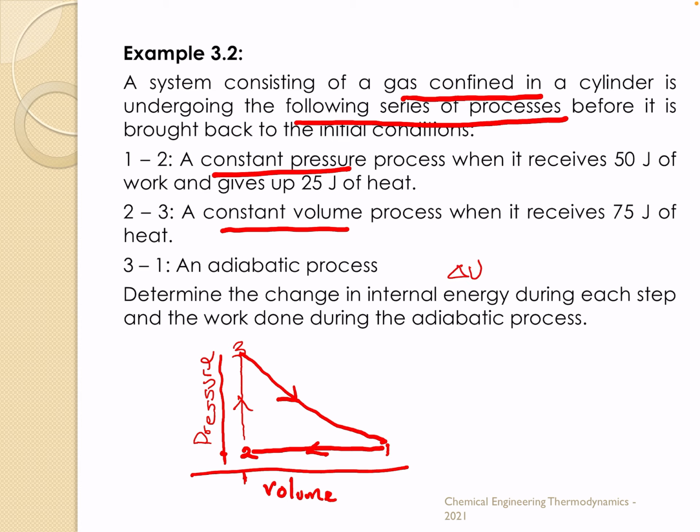Let's call this change in U1, for the second step change in U2, and for the third step change in U3. We're also looking for the work done during the adiabatic process, and the Q, let's call it Q3. Those are the things we are looking for, but let's start with what we've been given.